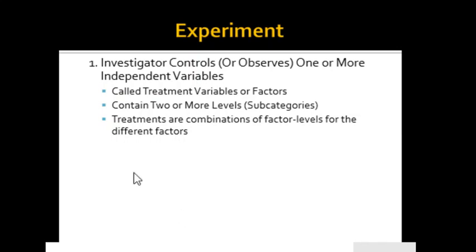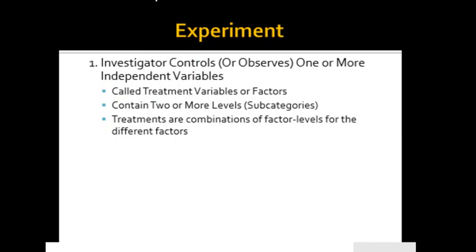Here are some basics or parts of an experiment. First of all, the investigator, or the person who's conducting the experiment, controls one or more independent variables. These variables are called the treatment variables or the factors. So these are the x variables, and each x variable can contain two or more levels.